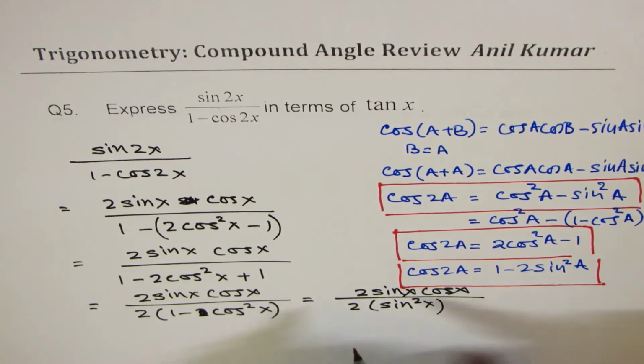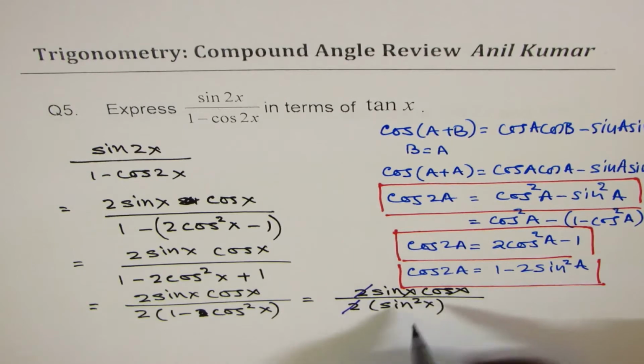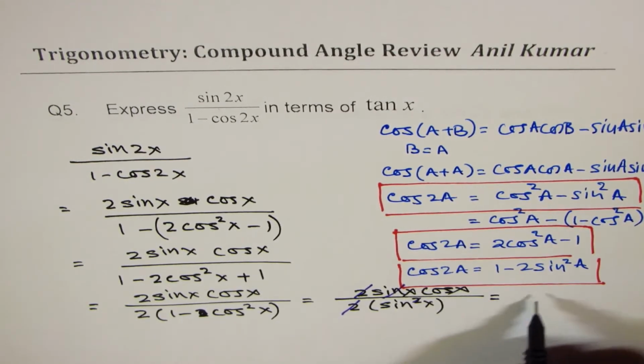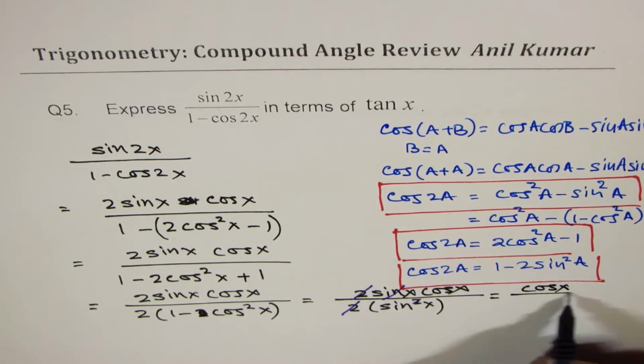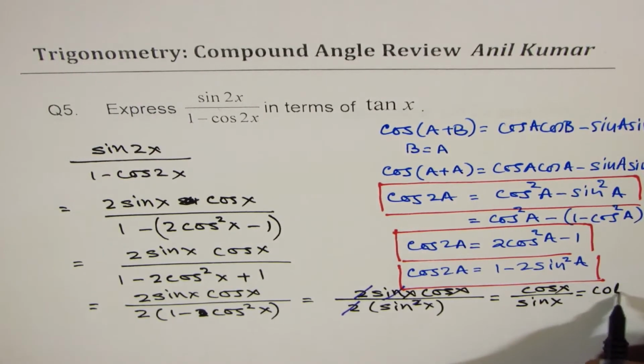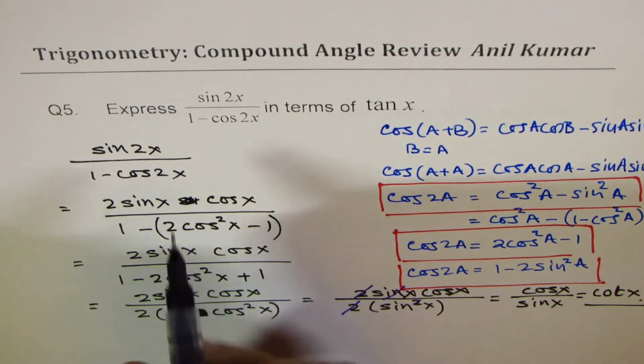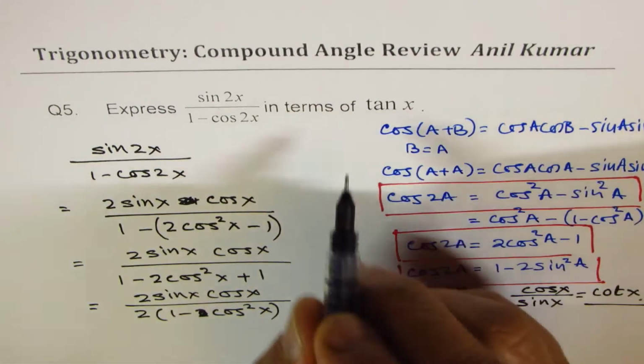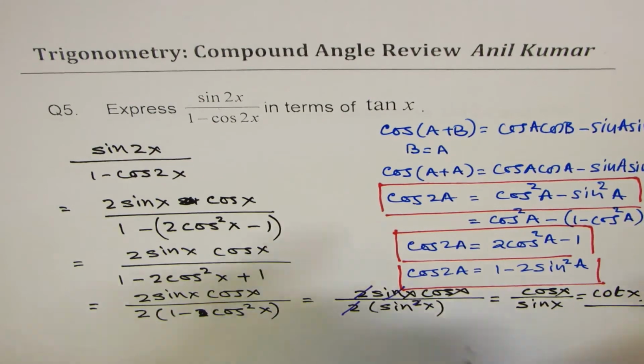So at this stage you can cancel the common 2's here, okay? So we'll cancel these 2's, and one of the cosines gets cancelled. So what you get here is cos x over sine x, which is cot x. So we could write this in terms of tan as 1 over tan, right?